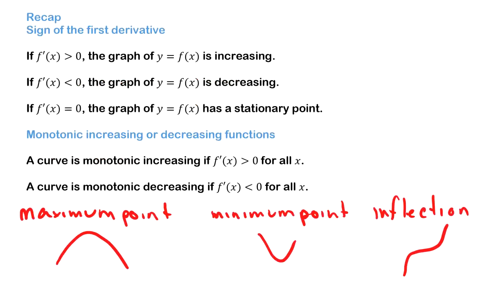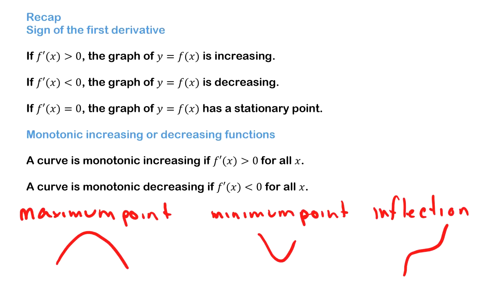Now to recap what we just did, remember that the sign of the first derivative determines whether we're increasing or decreasing. If your first derivative is bigger than 0, you know that the graph is increasing. If the first derivative is less than 0, we know that the graph is decreasing.